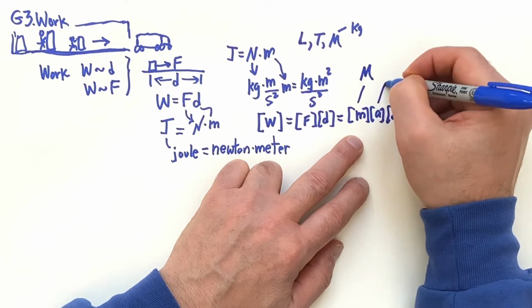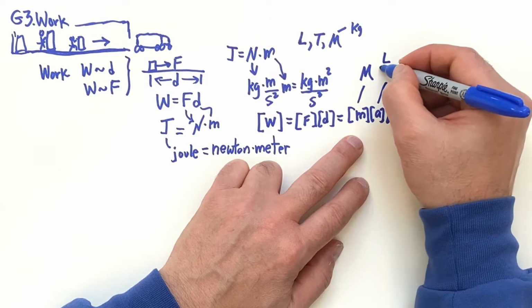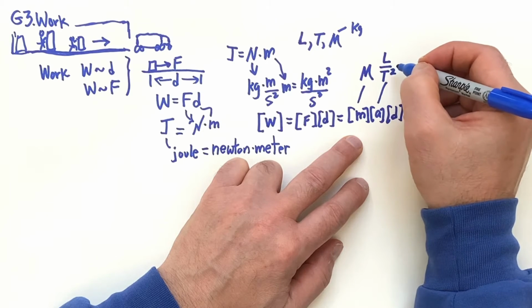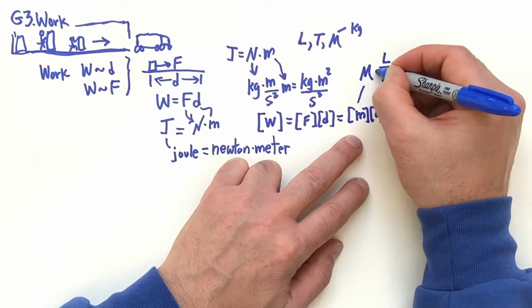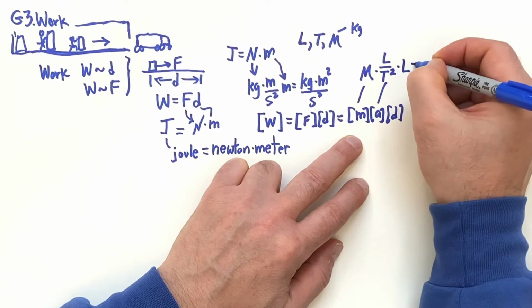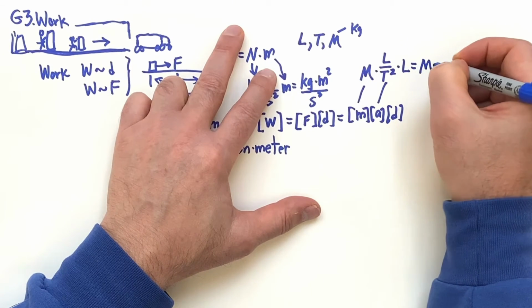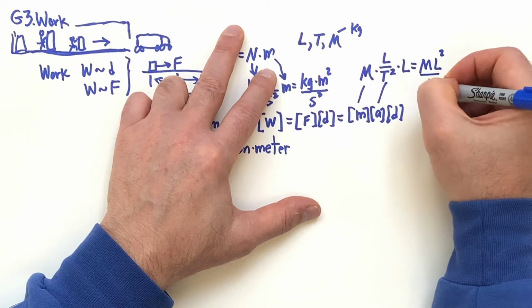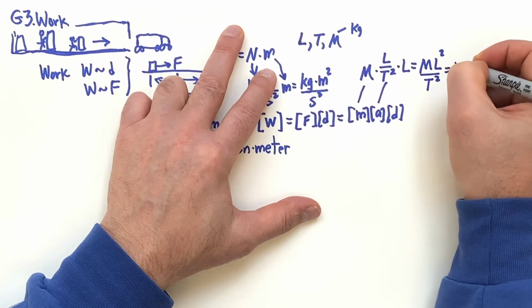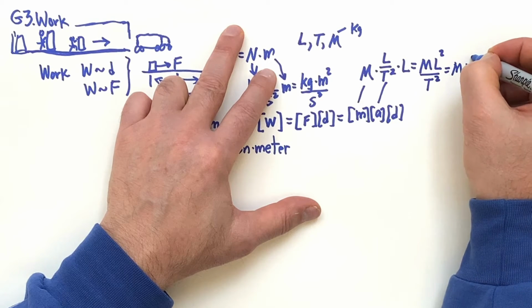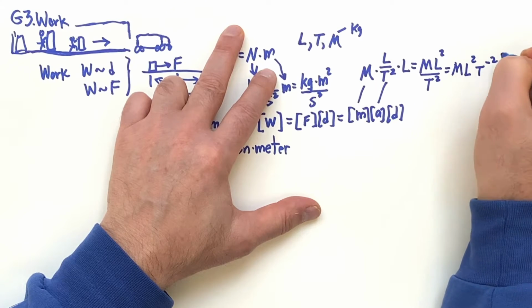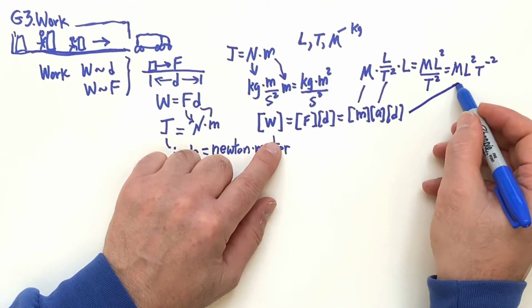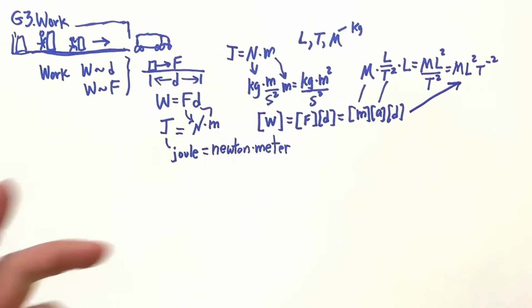Say that's M, acceleration is length over time squared, meters per second squared, and then the distance would be length. So then you could write this down as a mass, length squared over the time squared, or mass L squared T to the minus 2. So that's kind of neat that you could write the dimensions in that way.